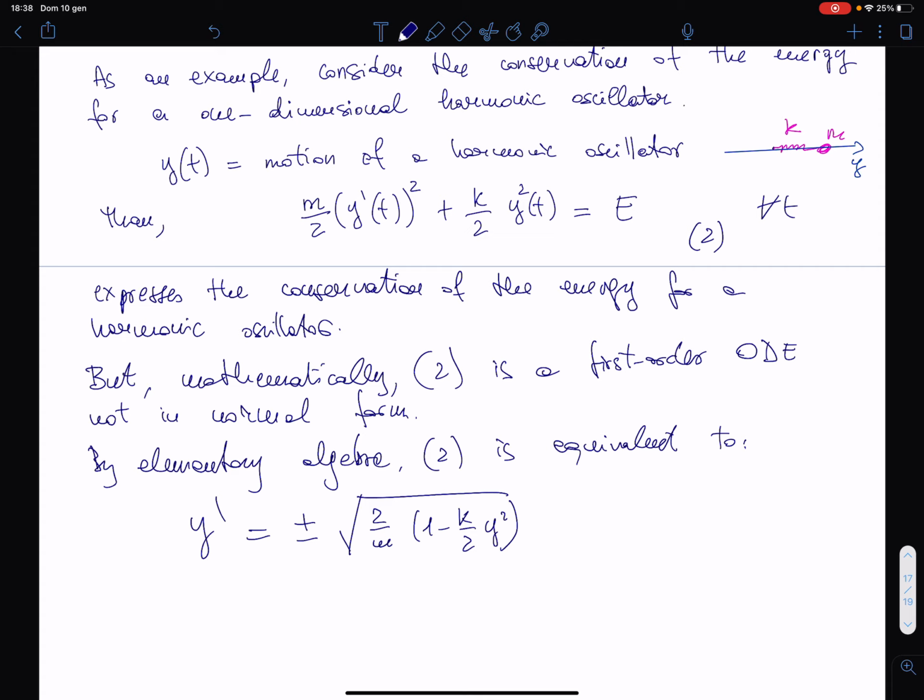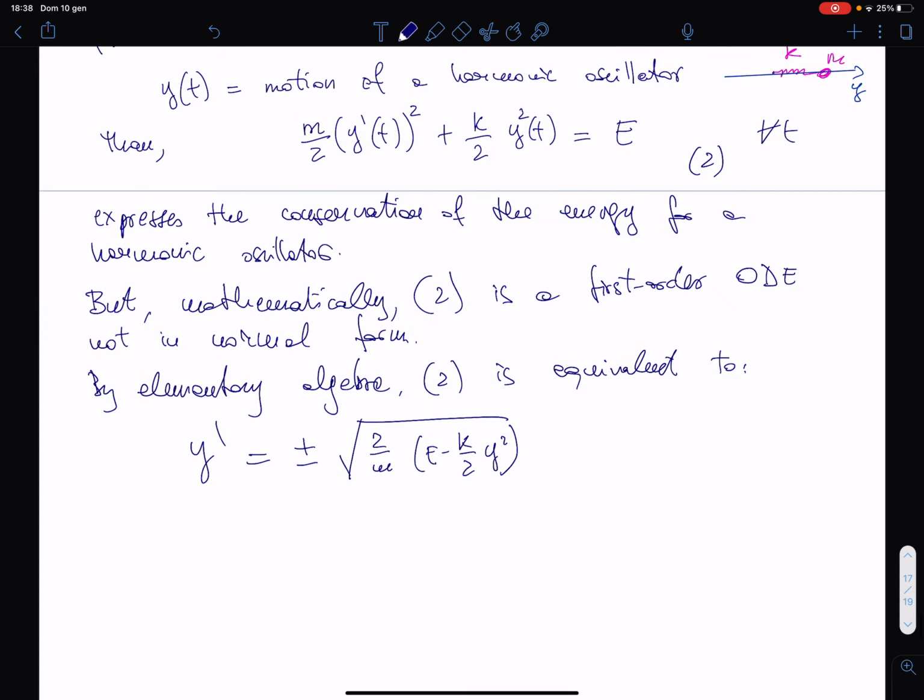Sorry, E, the energy. And these are two differential equations in normal form.